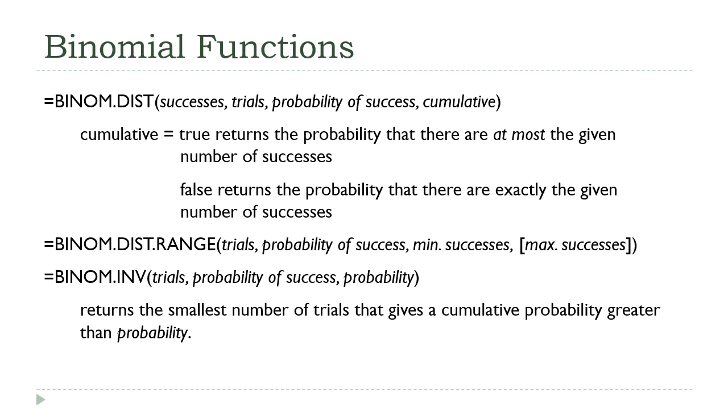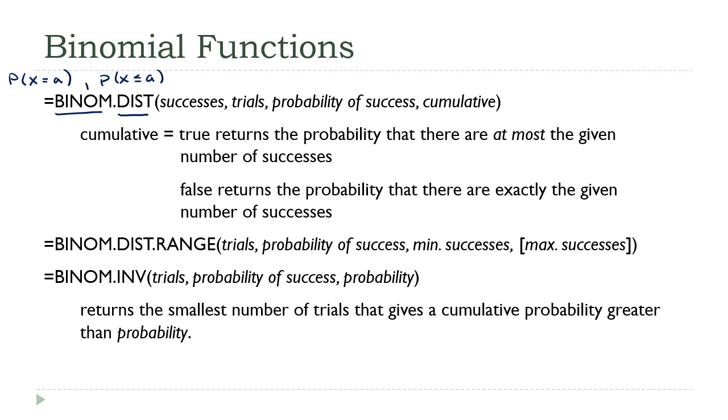Excel has functions that will do all of these calculations for you. If you're looking to find a binomial probability, this is the formula that you would use, binomial distribution. So if I'm trying to find P of x equals something, I would go to this one. And here's the cool part about this formula. If you want to do P of x less than or equal to A, that's what we're trying to do in the last one, P of x less than or equal to 3, this formula will do that for you as well.